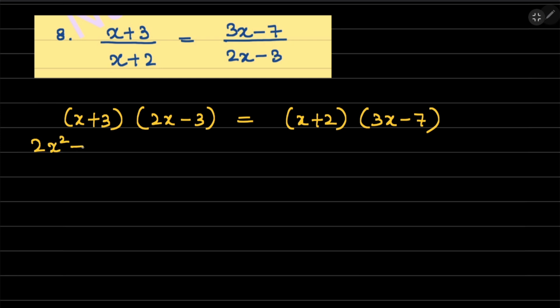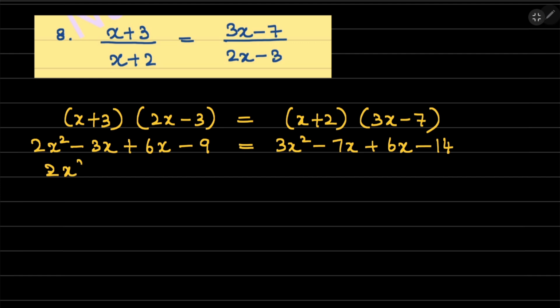So 2x square minus 3x minus 6 plus 6x minus 9 is equal to 3x square minus 7x plus 6x minus 14. So you have 2x square, 6x minus 3x is plus 3x, minus 9 is equal to 3x square minus x minus 14.